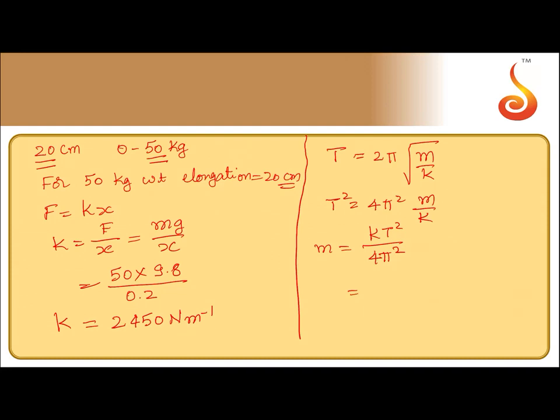So that is equal to, K is what? 2450. Time period they have given 0.6 seconds. So that should be 0.6 square divided by 4 into pi square, that is 3.14 square. So if you calculate this, what do you get?